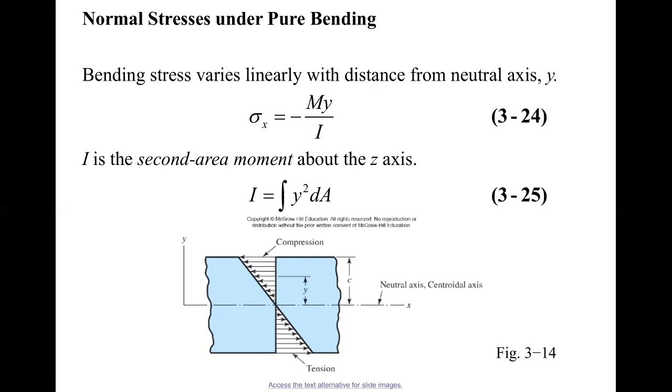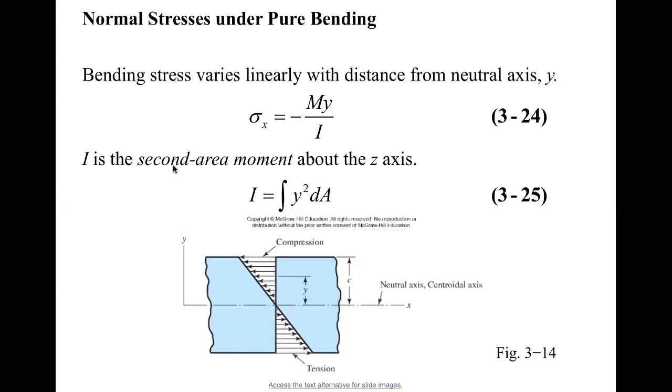For pure bending, we know the bending moment is constant. It's fixed. And what is y? This is the y-axis. Y is the distance of the point to the neutral axis, so it's the offset distance to the neutral axis.